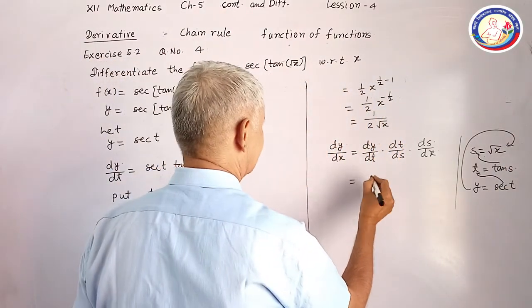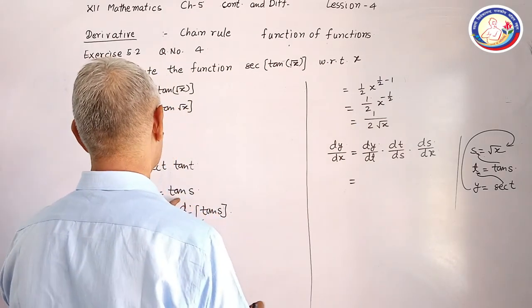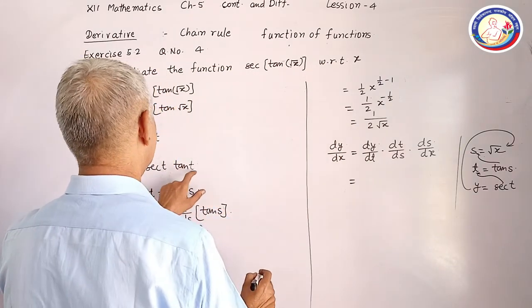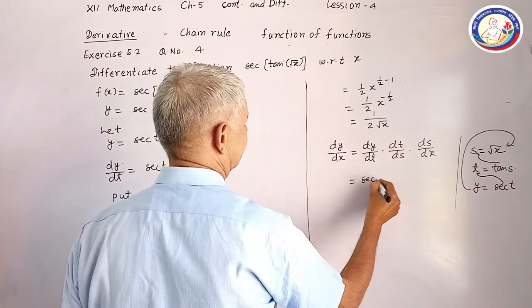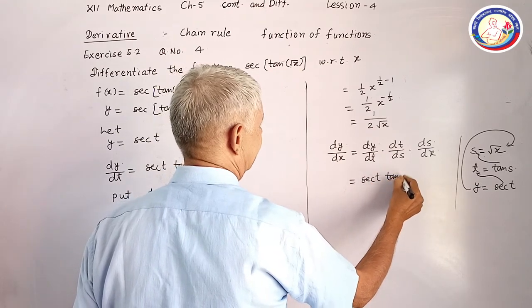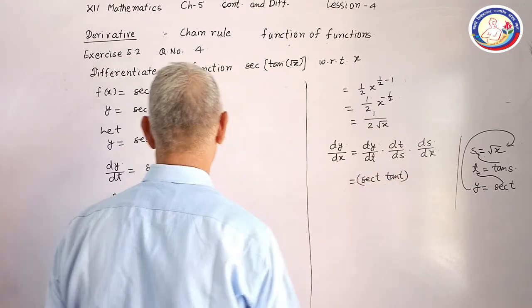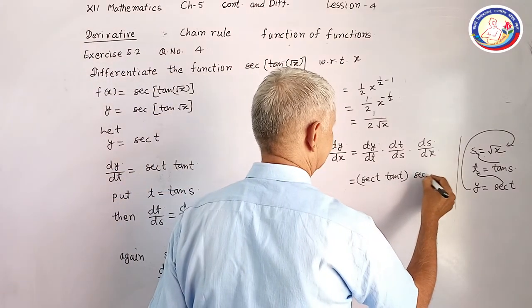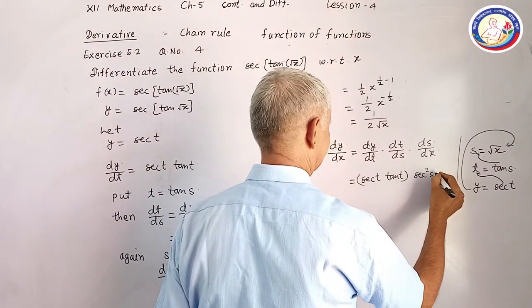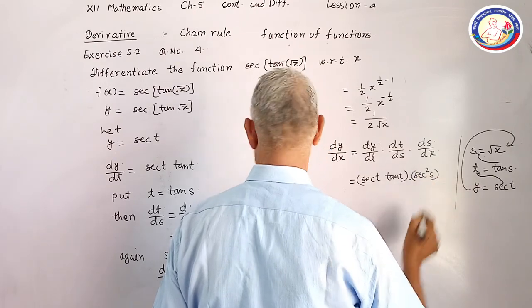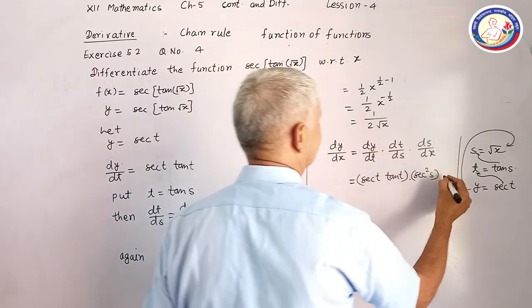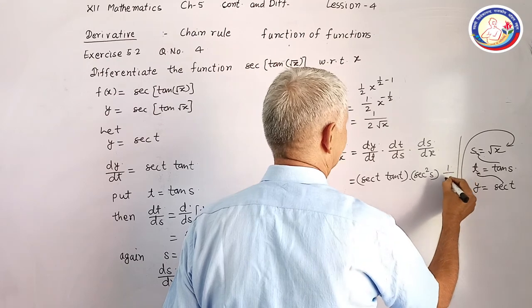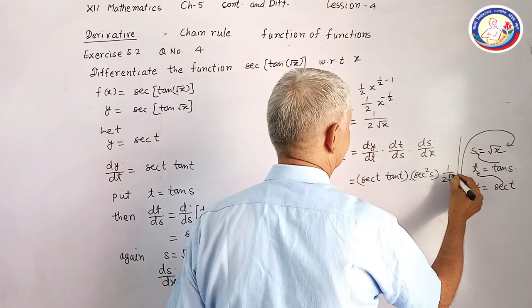So right here the values are sec t tan t, then this derivative sec square s, and then this one 1 upon 2 root x.